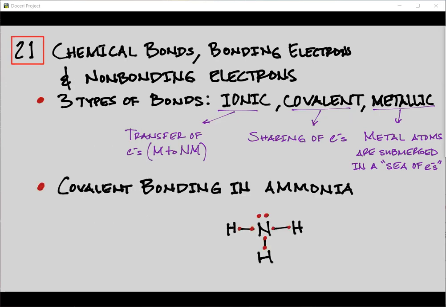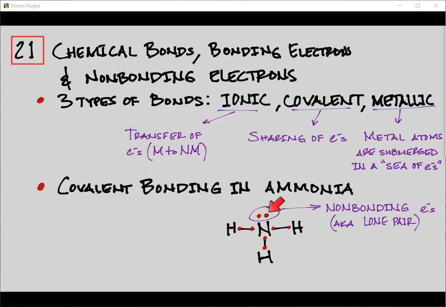Looking at a covalent compound here, a molecular compound, we have ammonia, and ammonia contains bonding electrons and non-bonding electrons. The non-bonding electrons first, these are the electrons that are not involved in bonding, and that's why they're called non-bonding electrons. They're also known as lone pairs.